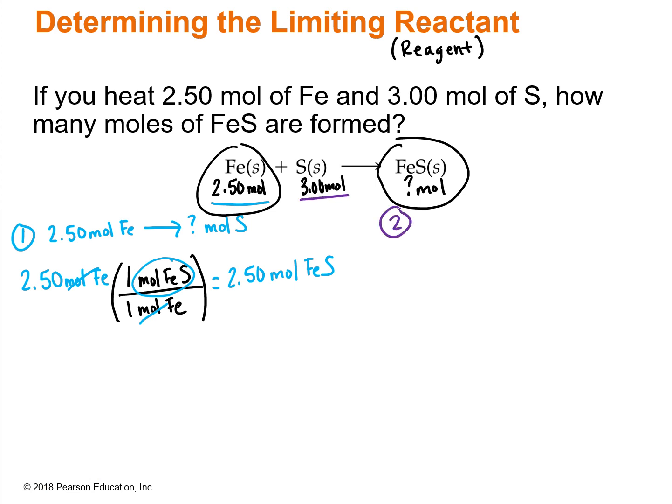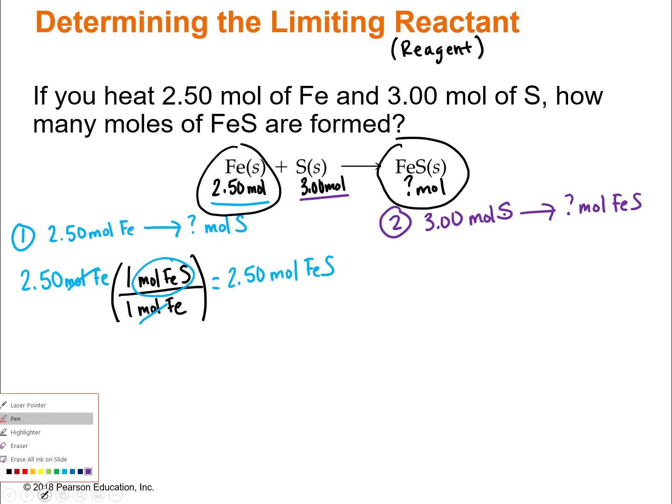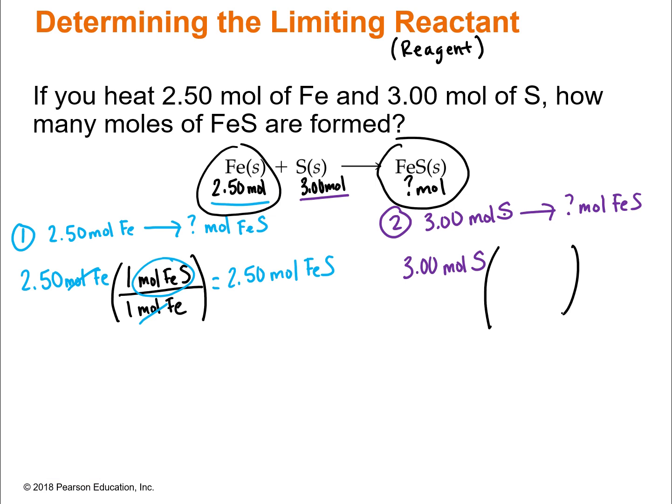The second mini problem that we have is taking those 3 moles of sulfur and figuring out how many moles of iron 2 sulfide we can make. We're going to go through the same process. What I need to figure out is how much iron 2 sulfide.